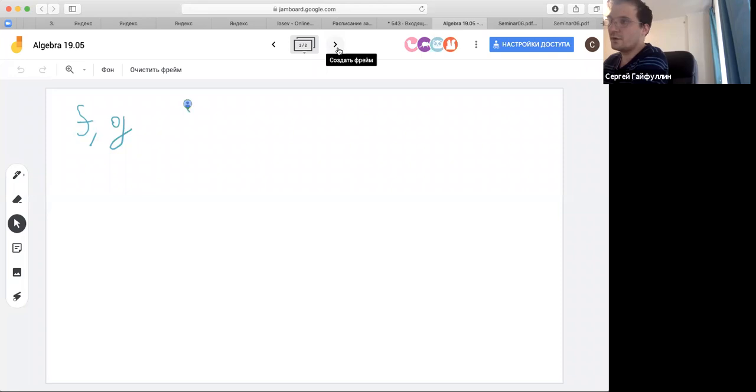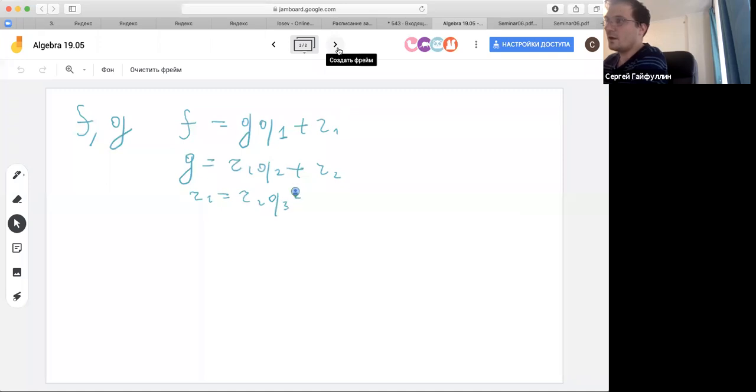So F equals G multiplied by q1 plus r1. Then I divide G by r1 with remainder. So G equals r1 multiplied by q2 plus r2. Then r1 equals r2 multiplied by q3 plus r3, and so on.